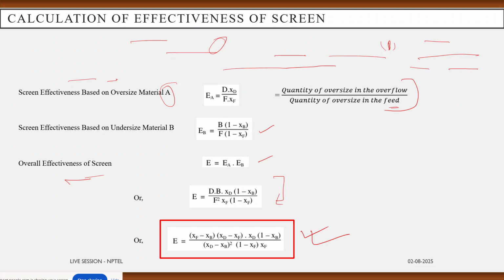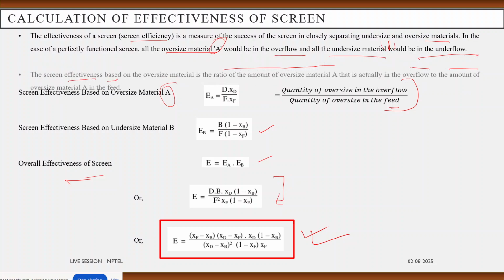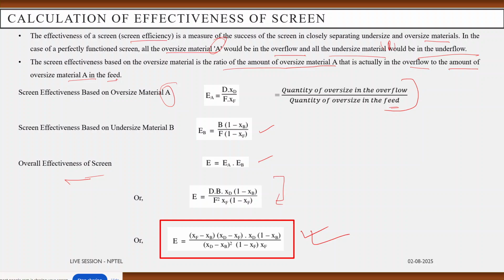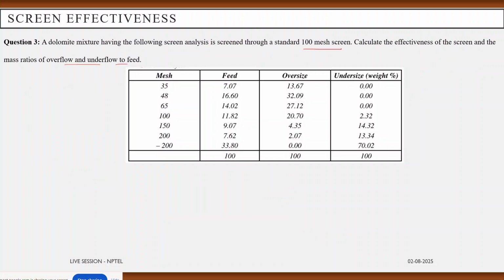We have already derived the expression for effectiveness of a screen. You can follow this expression and calculate the screen effectiveness.